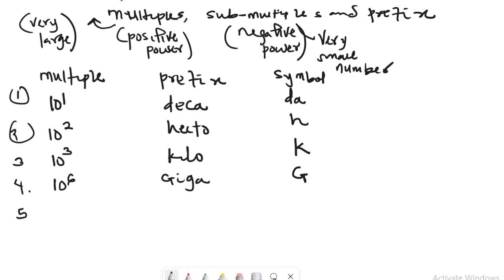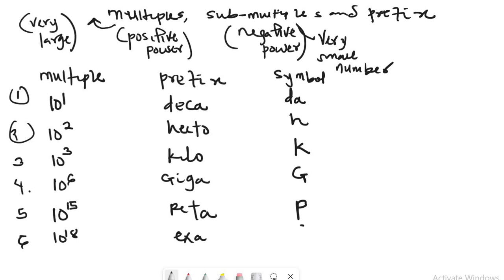Number 5, maybe 10 raised to power 15. These are the common ones we use in physics. So 10 raised to power 15 is peta. The symbol for peta is capital letter P. Number 6, 10 raised to power 18, that's exa.